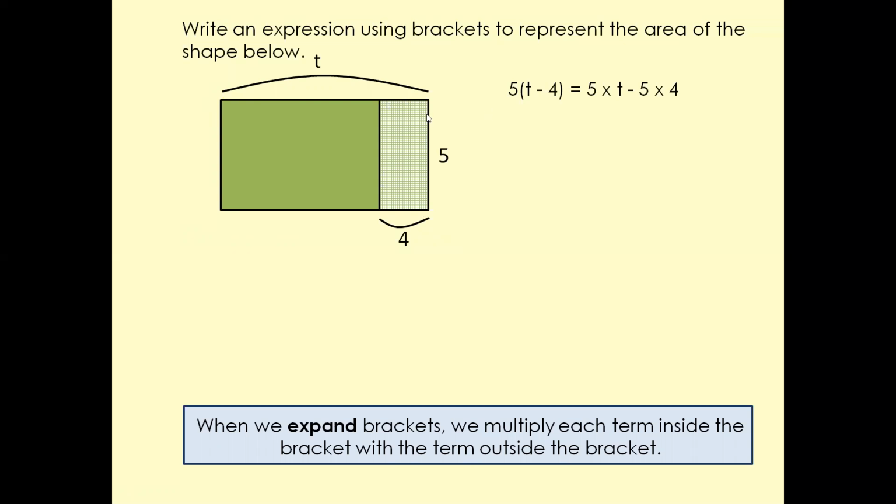So the area of the rectangle as a whole is 5 times t, which is 5t. And the area of this small rectangle here, 5 times 4, which is 20. The answer is going to be 5t take away 20.